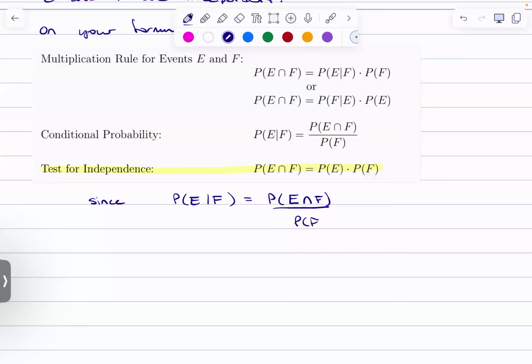The probability of E and F is the probability of E given F times the probability of F, or, depending on what the given information is, the probability of F given E, but then you're multiplying by the probability of E, since that's the one that floated up top. And so I'll show that this came from there, and this came from here.